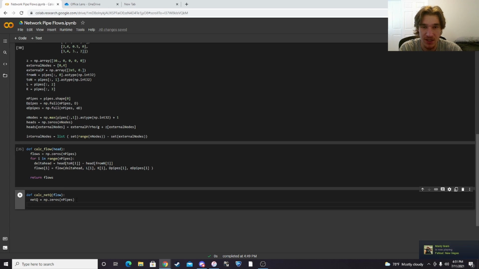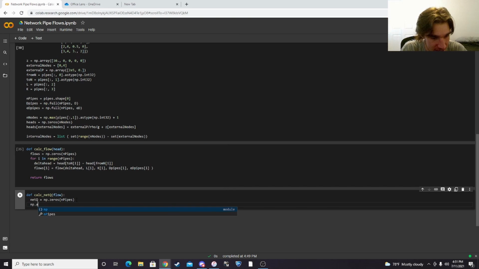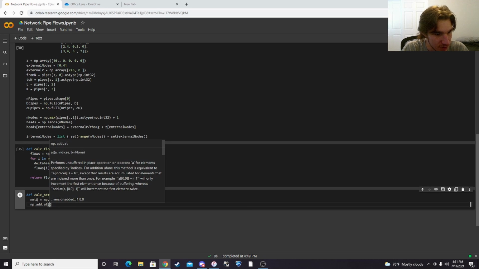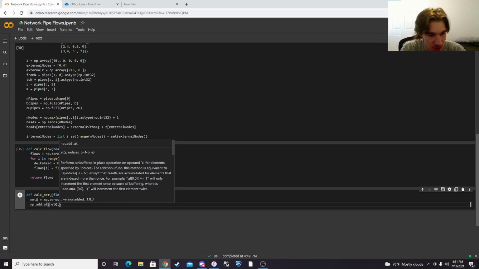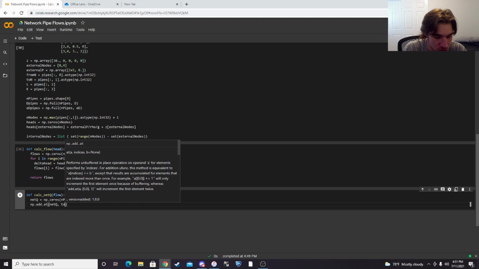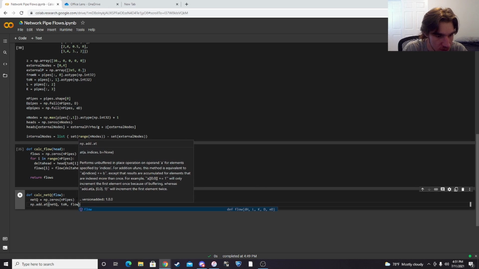We'll set up two different ats so that it can do the combo of the leaving and the entering. So we'll do np.add.at command, and the first one is going to be netq. Next is going to be, we'll go to node, and then we'll do flow.